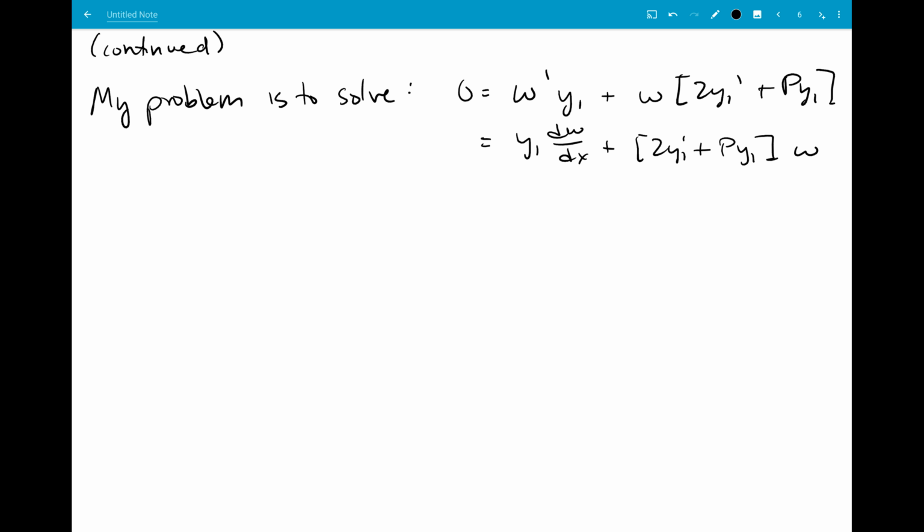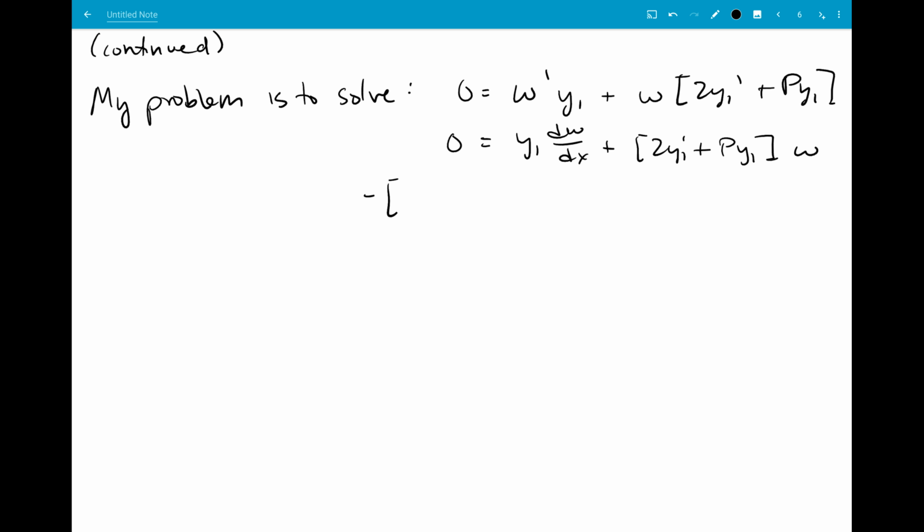And y1 is a solution of the differential equation. It's a function of x. It's given to us. And this right here is just a first order differential equation that we can solve any way we want to. And the way I'm going to pick is separation, because I like separation.